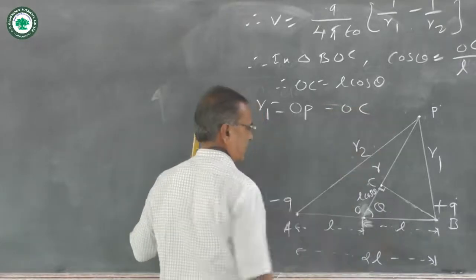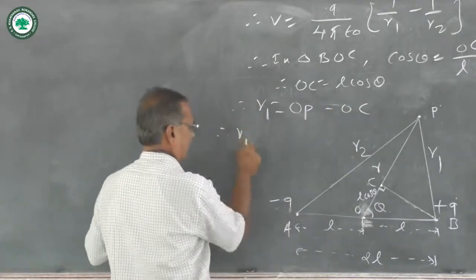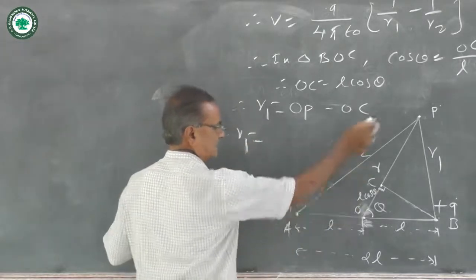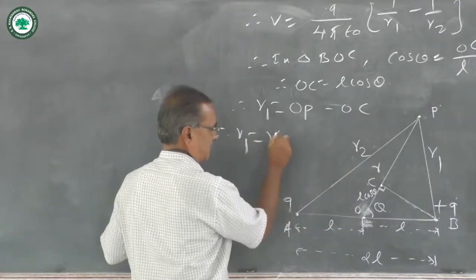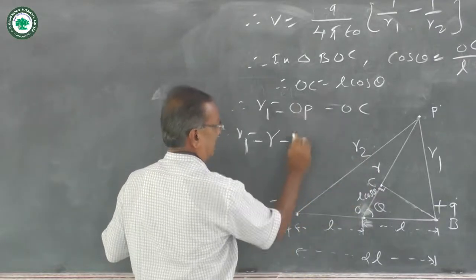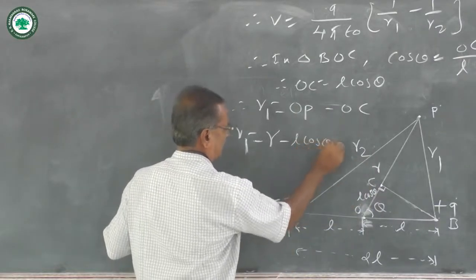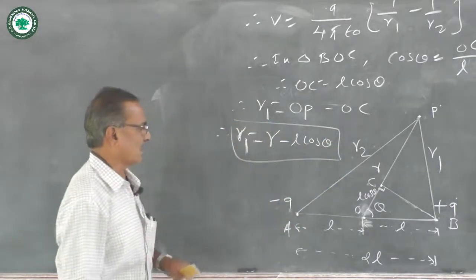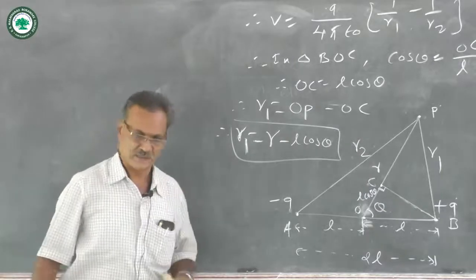So R1 is equal to OP, whose distance is R, minus OC, which is L cos theta. R1 is equal to R minus L cos theta.